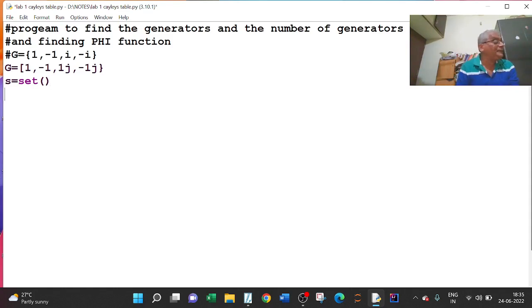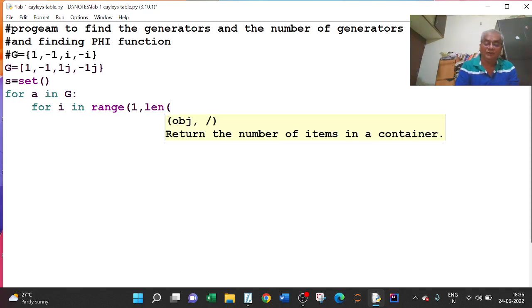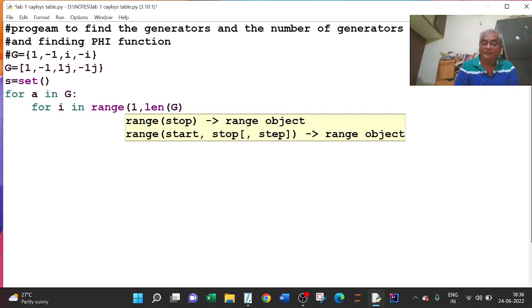Next we use a for loop: take an element A in G, and I will check for this A up to the order of G. So we use one more for loop here, for I in range 1 to length of G. I have to write plus 1 here.